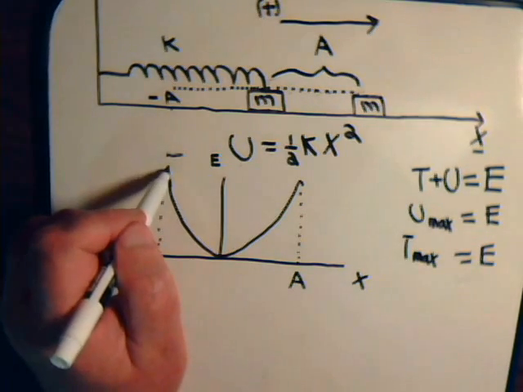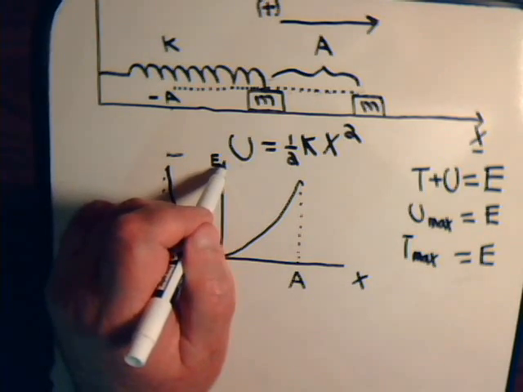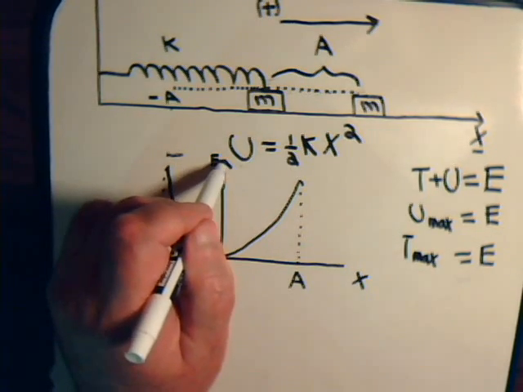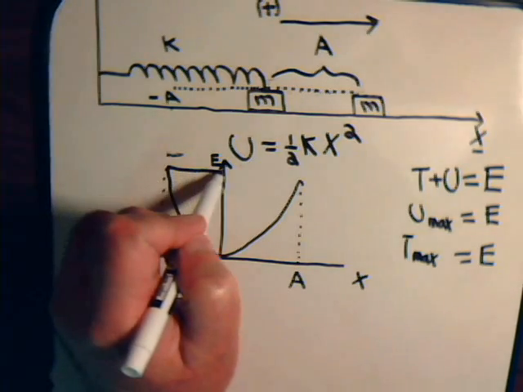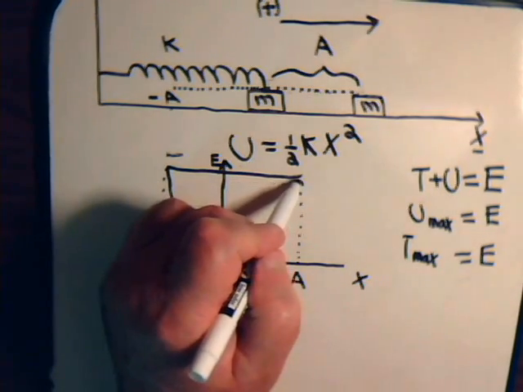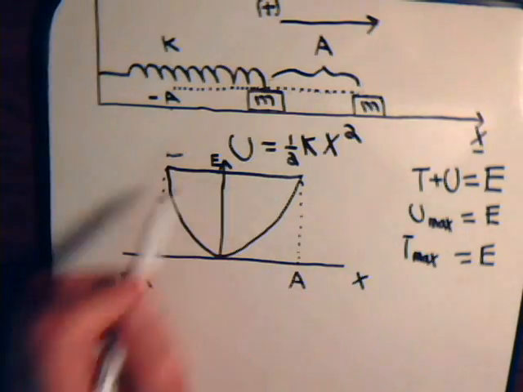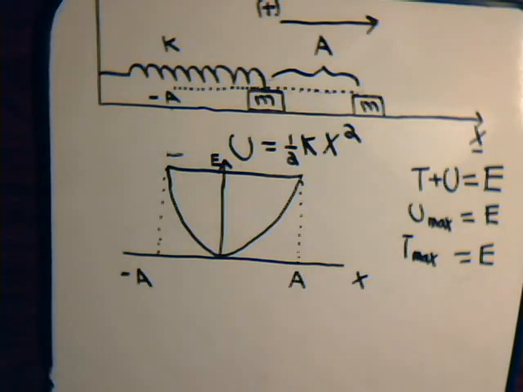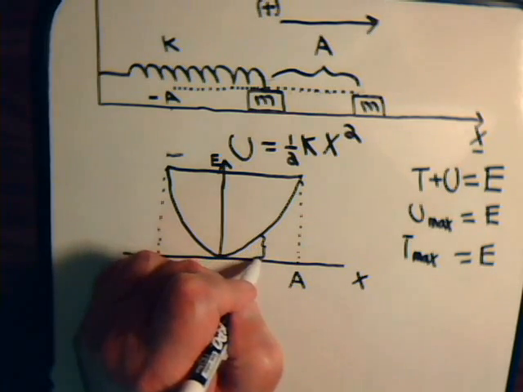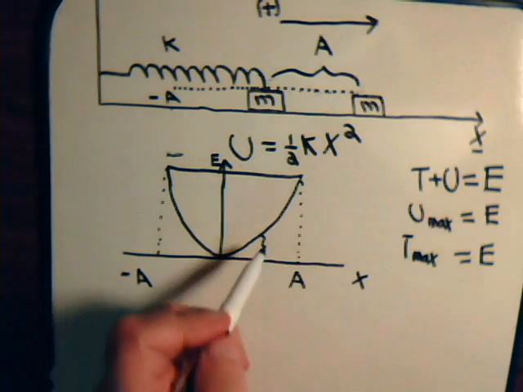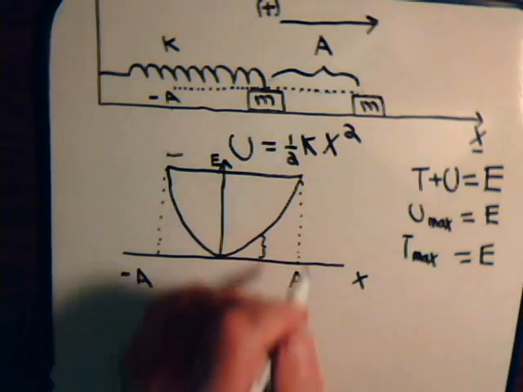But right here, this is the energy axis, and right here, this is the total energy of the system, that horizontal line. So at this point, that distance right there is 1/2 kx squared.